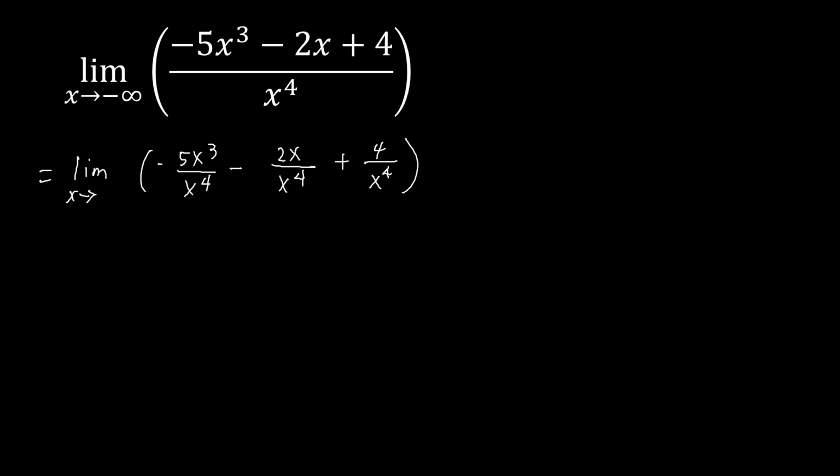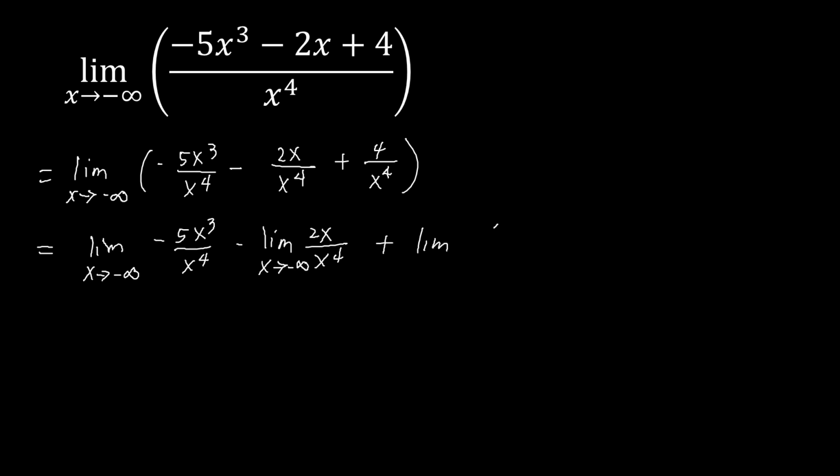So as x approaches negative infinity, evaluating each, we have now the limit of negative 5x cubed over x to the power 4 as x approaches negative infinity minus the limit of 2x over x to the power 4 as x approaches negative infinity plus the limit of 4 over x to the power 4 as x approaches negative infinity.